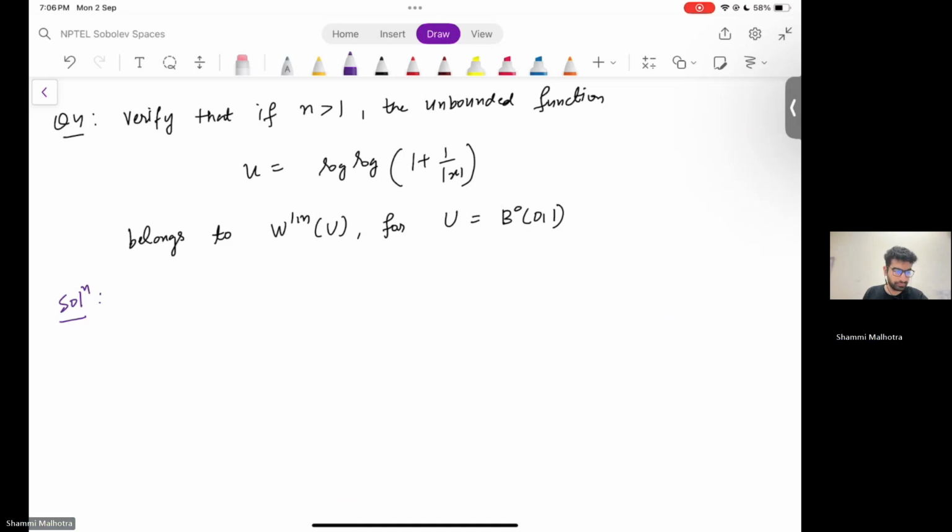So we have to first prove this is integrable, and then we have to show that this derivative is also integrable.